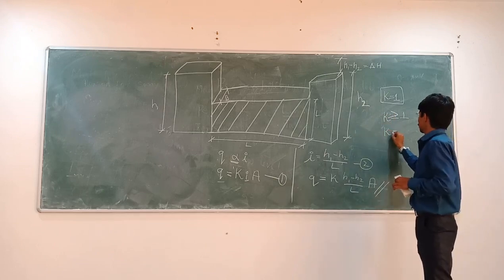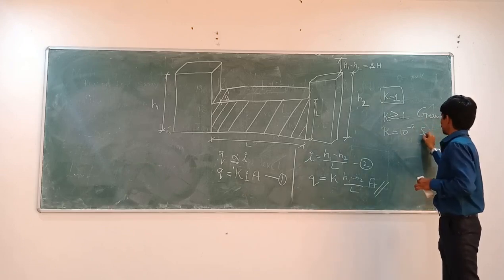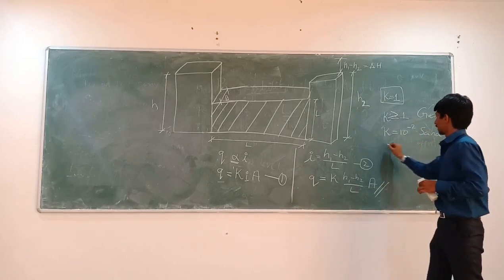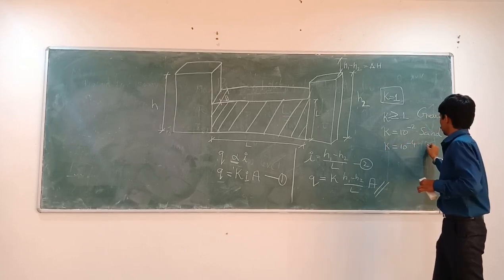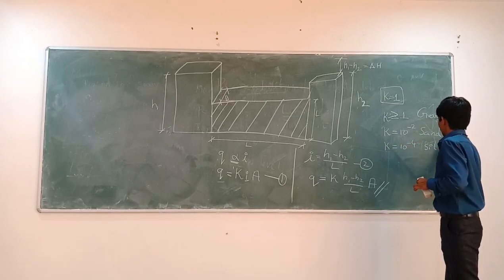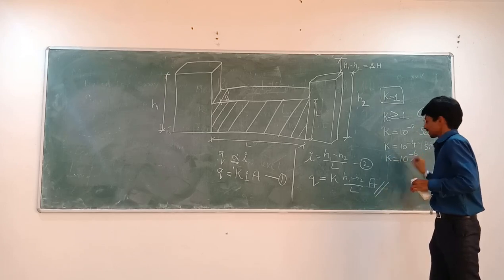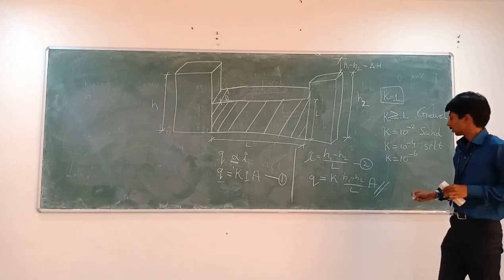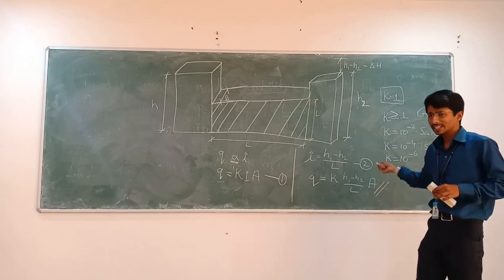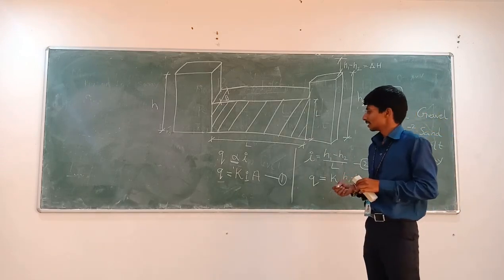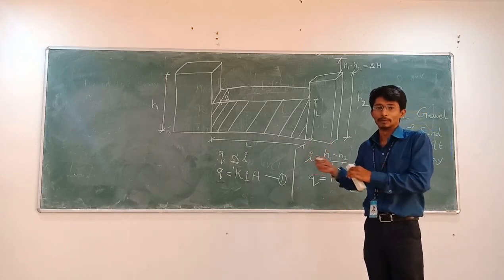My K value will be of the order of 10 power minus 2 for sand, of the order of 10 power minus 4 for silt, and of the order of 10 power minus 6 for clay. The clay has lesser K values. This is the principle behind Darcy's law, and this is the permeability.